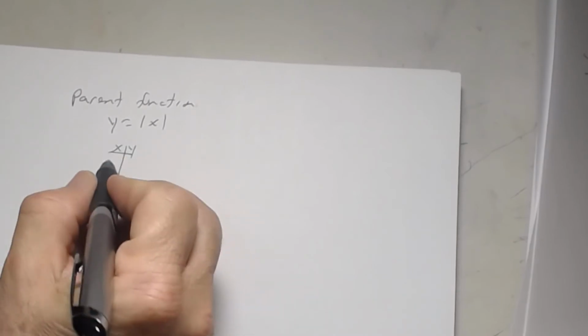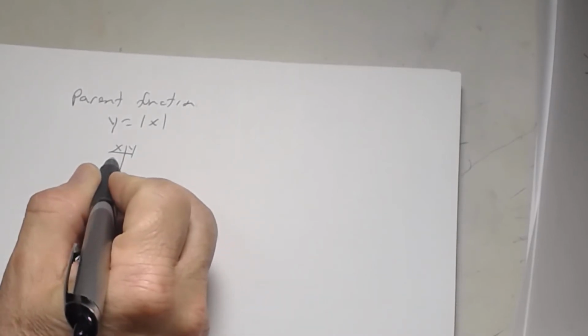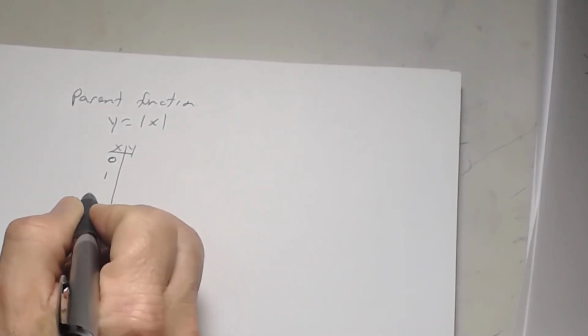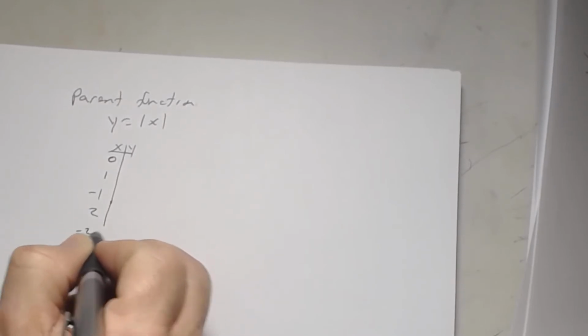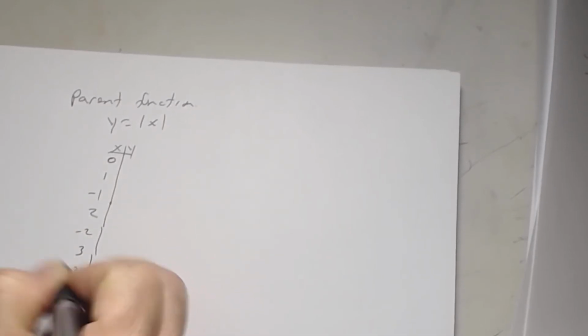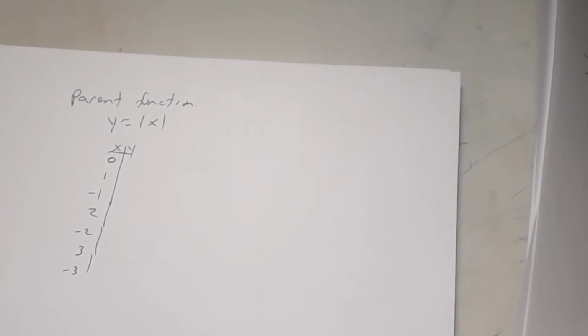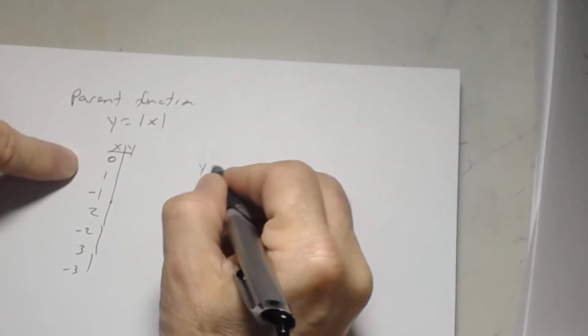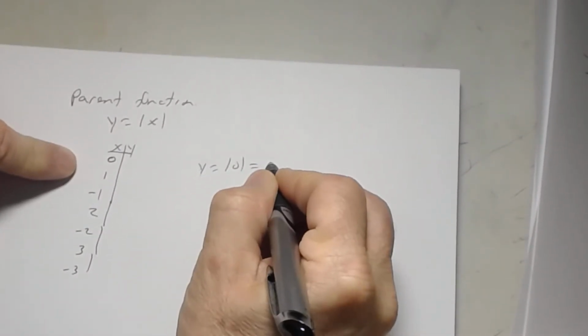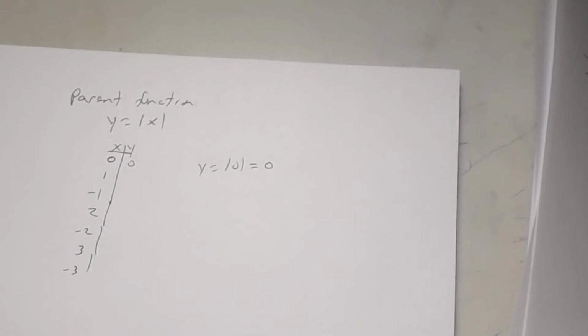Which ones do you use for x squared? 0, 1, -1, 2, -2, 3, -3. Same ones, okay? So it's very easy to deal with. Now, you have to remember the absolute value of a number is always what kind of number? Positive. The absolute value of 0, though, is what? 0. All right, so when x is 0, I get y equals the absolute value of 0, which is what? 0. So I plot the point 0, 0.